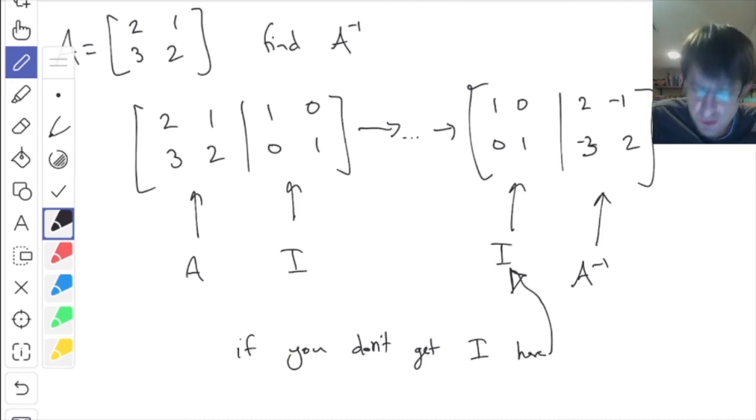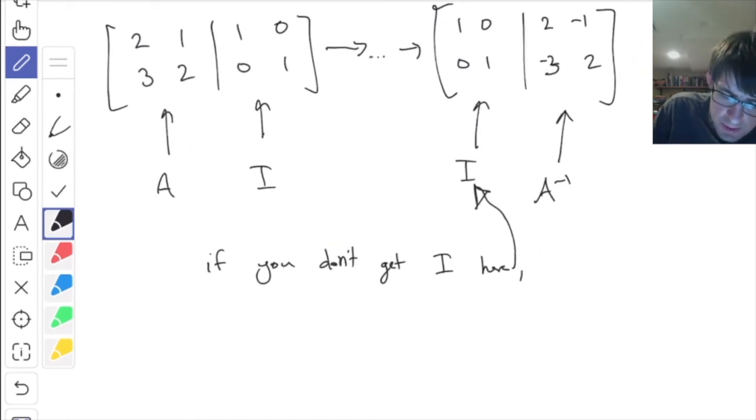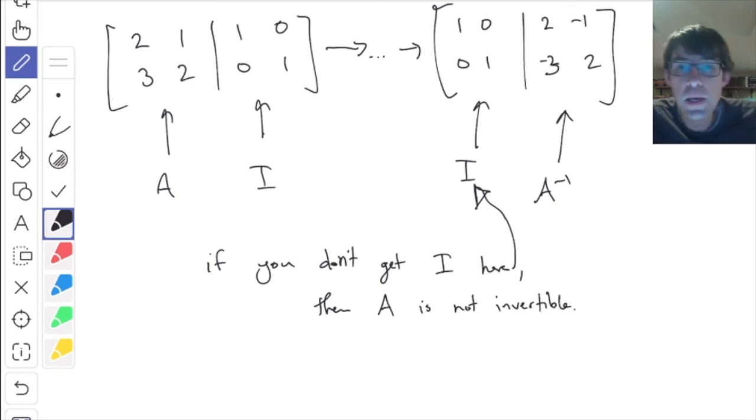Too much cancellation or not enough cancellation. If you don't get I here, then it means A is not invertible. Like I said, not all matrices have an inverse. And this is the way you can tell if A is invertible or not. Do the elimination, see if you get the identity.